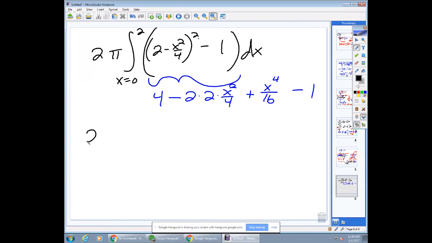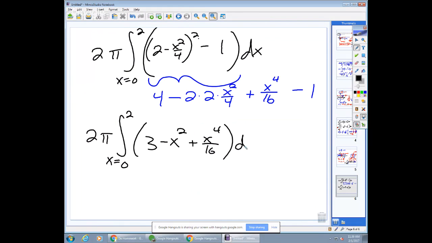So back to my integral, 2 pi integral as x goes from 0 to 2 of 3 minus x squared plus x to the 4th over 16 dx. You guys on the same page? Okay, pretty sure I didn't mess up any algebra or arithmetic there.